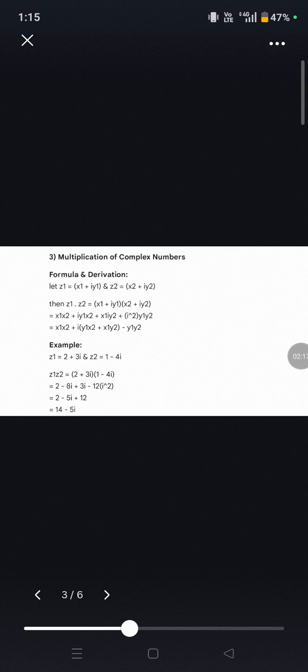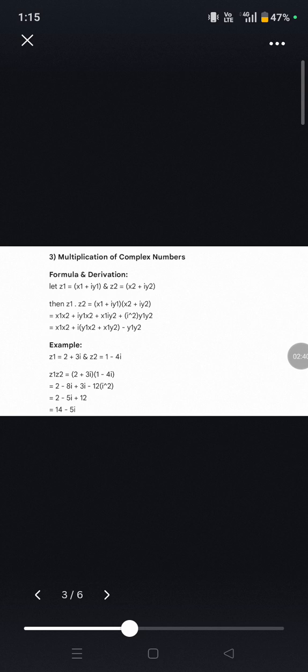Now remember, since i is equal to root minus 1, i square becomes minus 1. So the last term changes from plus i square y1 y2 to minus y1 y2. Grouping the real and imaginary parts, we get x1 x2 minus y1 y2 plus i (y1 x2 plus x1 y2).